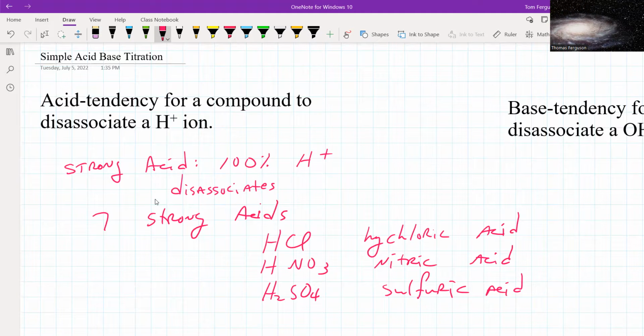There are others that are significantly less common. These you run across all the time. This is the acid you have in your stomach, hydrochloric acid. It's also called muriatic acid, which is an old term for it. Nitric acid is called printer's acid.